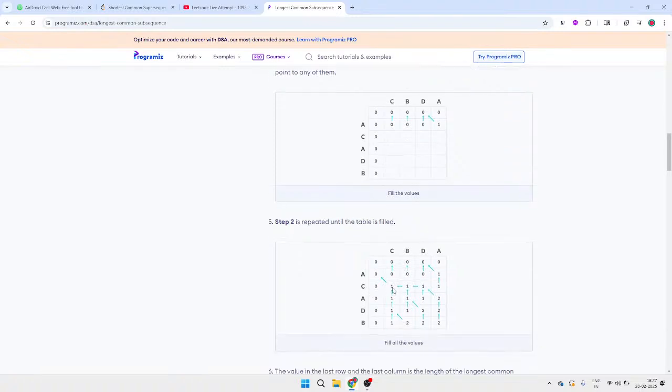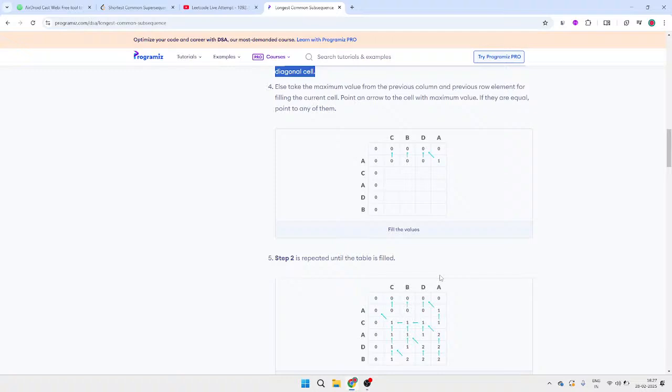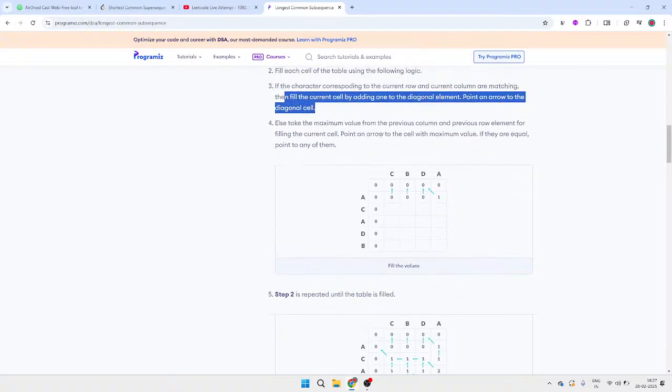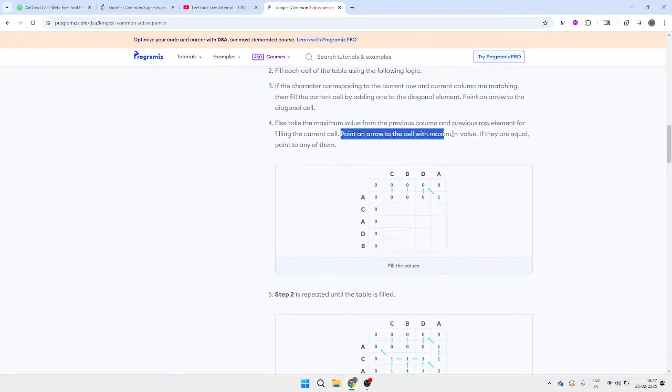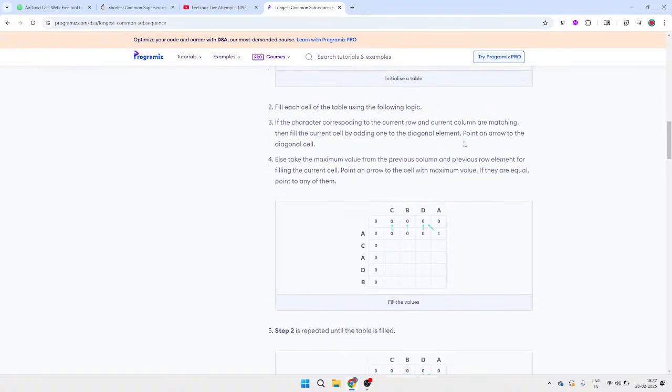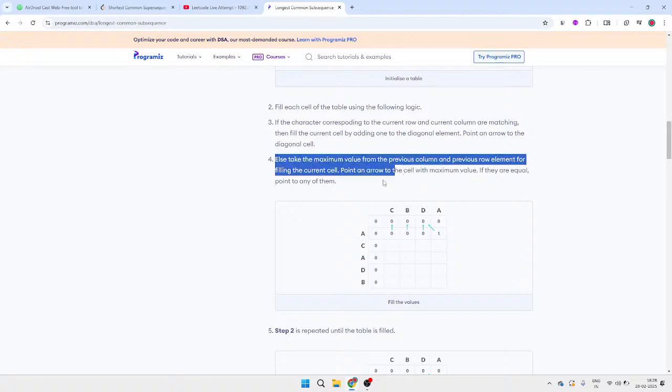And here, if it matches again, else take the maximum value from the previous column and previous row element for filling the current cell.